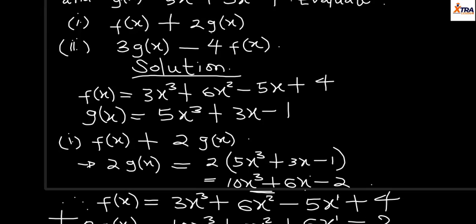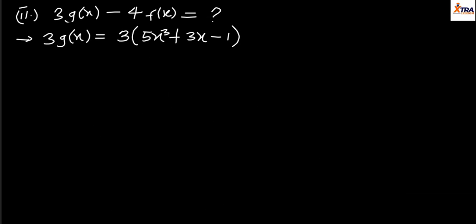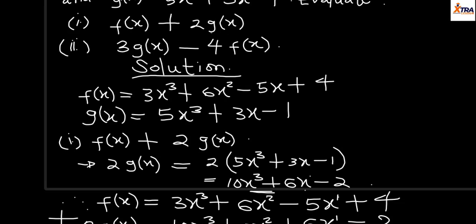Then 4f of x is 4 times everything in f of x, which is 3x cubed plus 6x squared minus 5x plus 4.